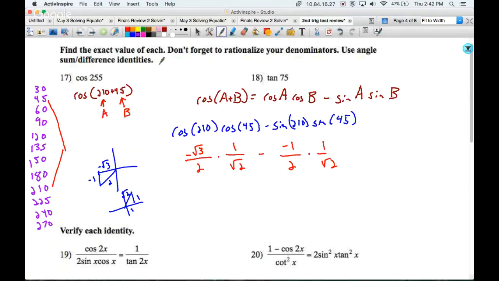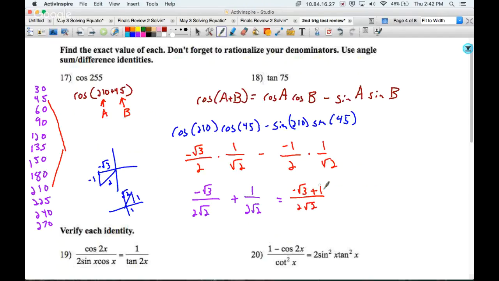And now we're just off to the races with simplifying. This can be negative root 3 over 2 root 2, plus the minus and negative will cancel out, 1 over 2 root 2. This here equals negative 3 plus 1 over 2 root 2.